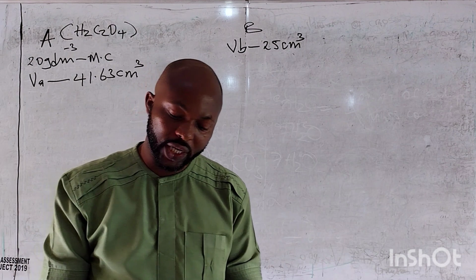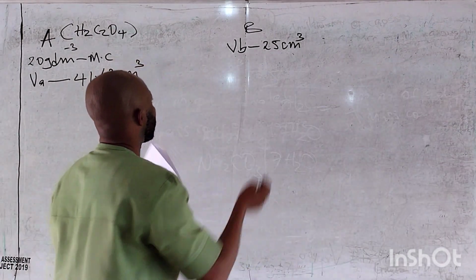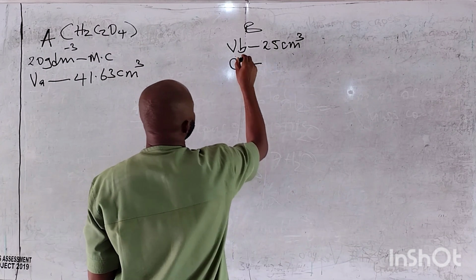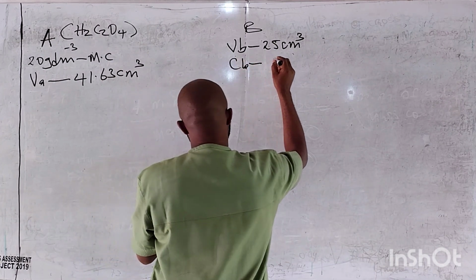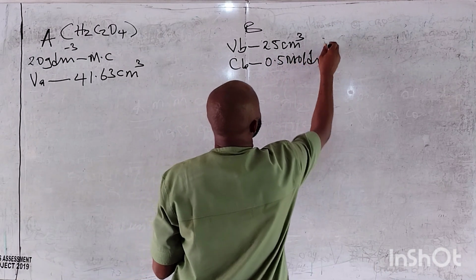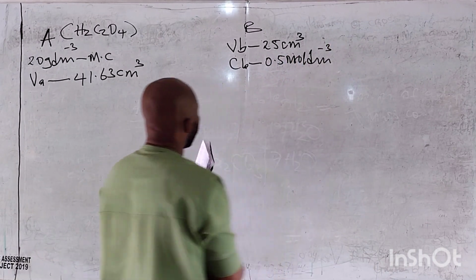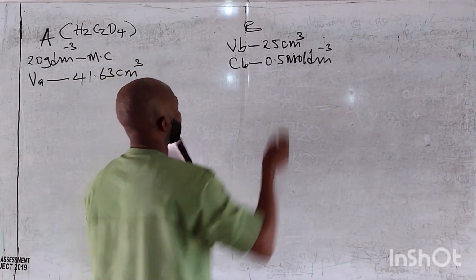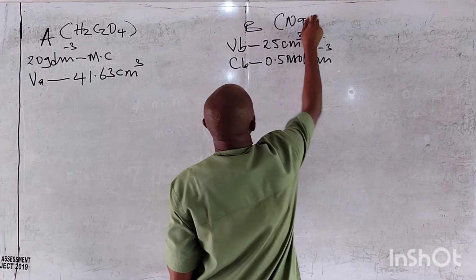And solution B contains 0.5 mole per dm³. The concentration of the base, CB, is 0.5 mole per dm³. And the B is sodium hydroxide, NaOH.